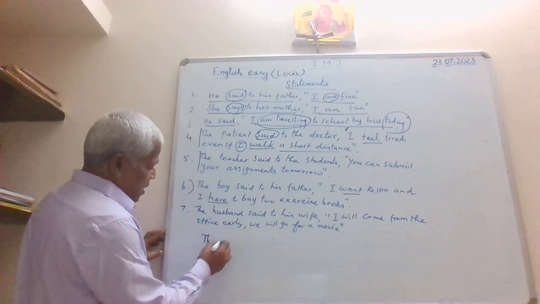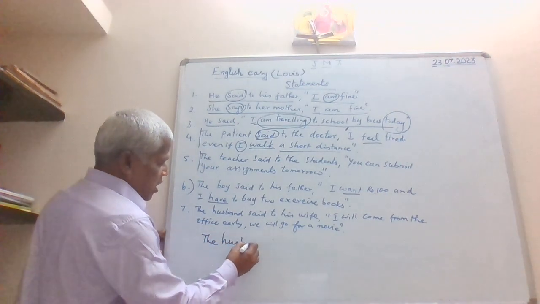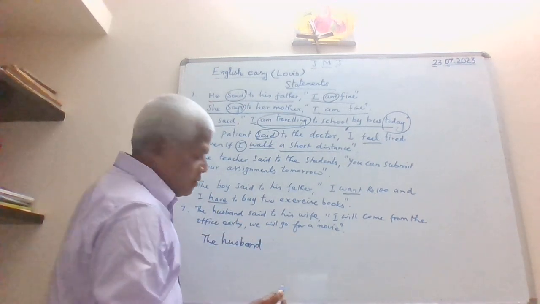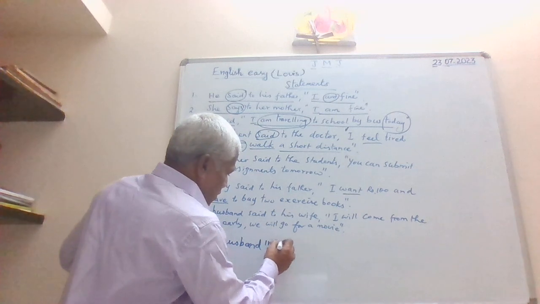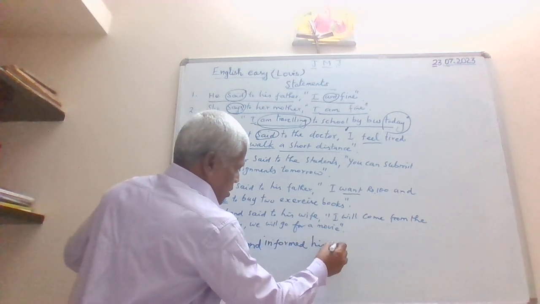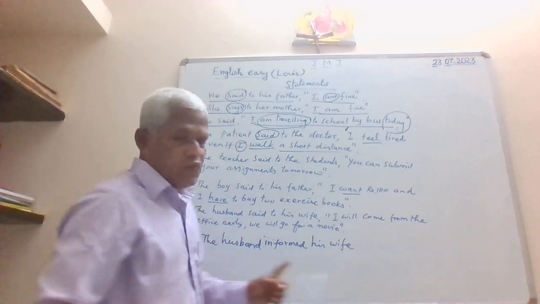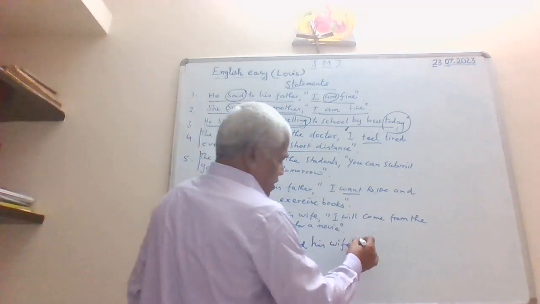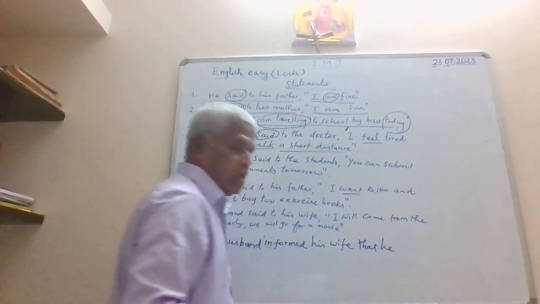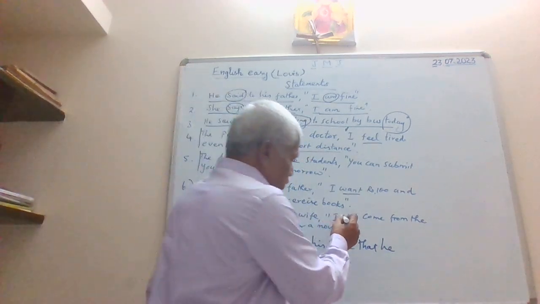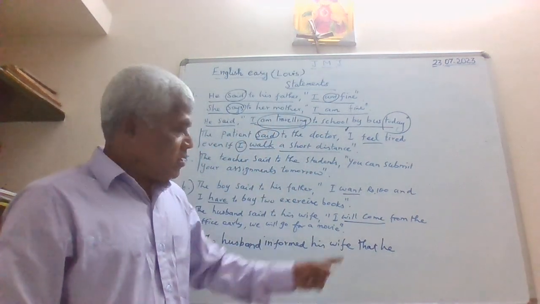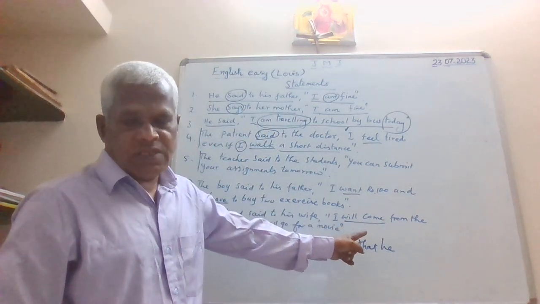See, the husband, what is he doing actually? He is informing. Informed his wife, conjunction that, I becomes the pronoun he. Now what is the tense here? Future tense. Of course, future tense will remain as future, but of course it is going to be passive.